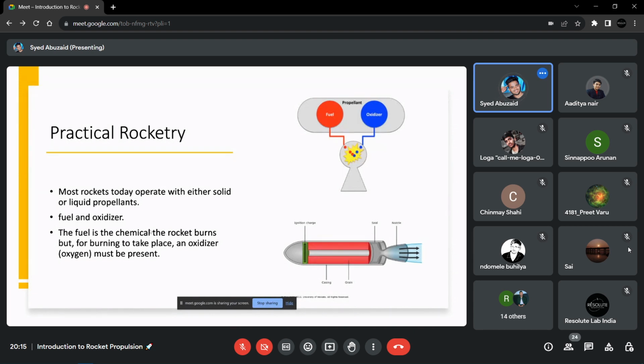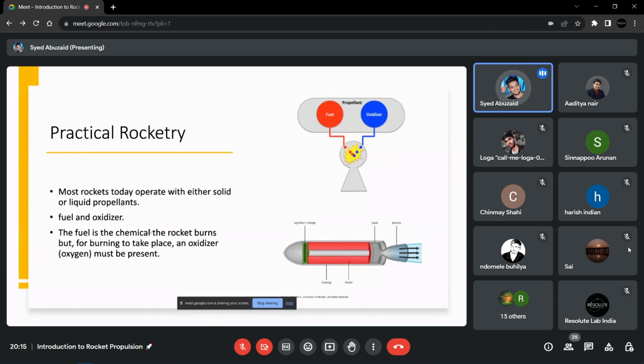So basically two masses are there inside. The first one is the oxidizer and the other is the fuel. The fuel has carbon atoms, and the oxidizer, which oxidizes, is oxygen. Without oxygen, we cannot burn anything. In the presence of oxygen, we can ignite the fuel. The fuel will ignite and burn, which produces a large number of molecules, we can say mass.